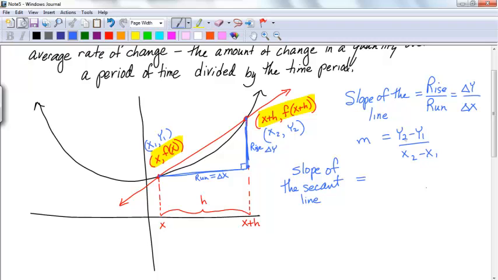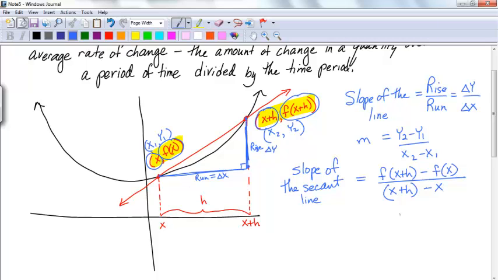So if we sub in for y sub 2 in this formula, we'd have f of x plus h, and our y sub 1 is our f of x, and our x sub 2 is our x plus h, and then our x sub 1 was just x.